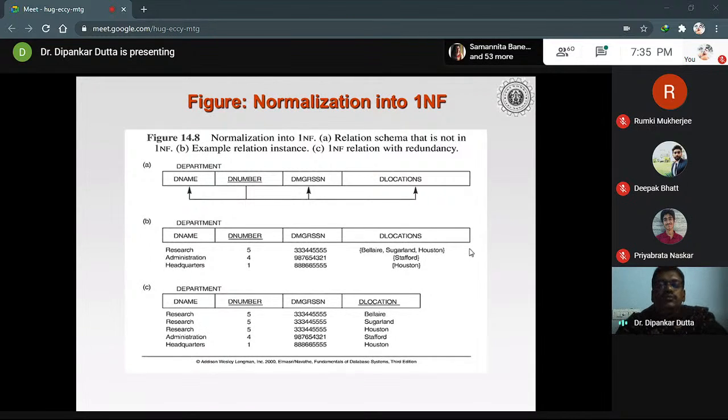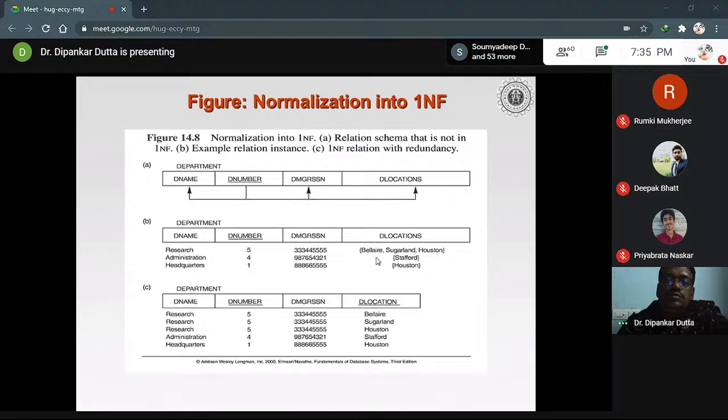Now, a department may exist in different locations. So D locations has multiple values for a particular department. Like this, see the first row: the research department exists in 3 different locations. So D locations has 3 values. Okay, so we can enter data in this way.